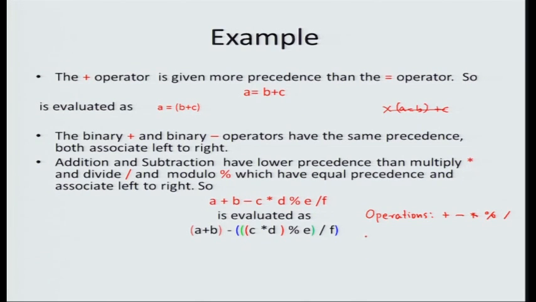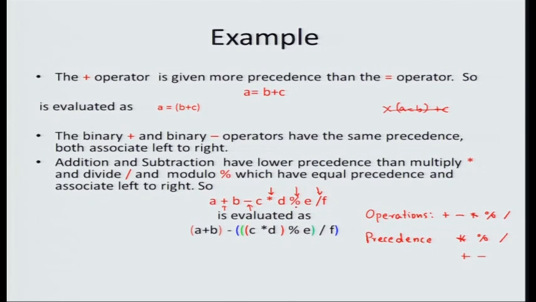Now according to the precedence, I know that star, modulo and division have equal precedence above plus and minus. So I know that these operations have to be done before plus and minus. These have to be done first, but among them, how do you know which to do first? For that we use the left to right associativity of these operations.